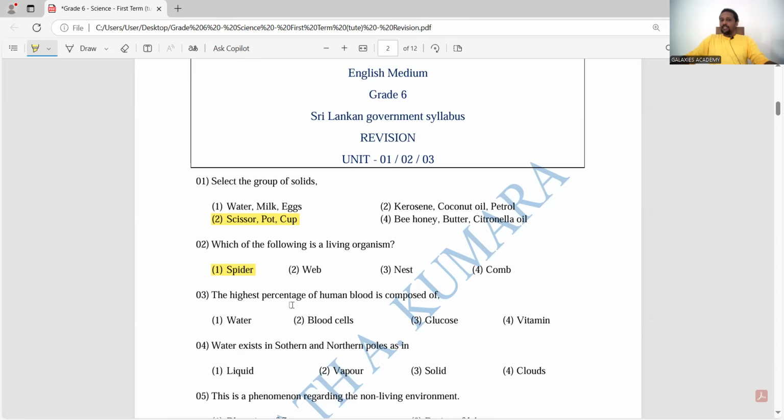The highest percentage of human blood is composed of which one? What is contained mostly in our blood? You know our blood, no? You remember there are several components of the blood. In upper classes, you can study more things about it.